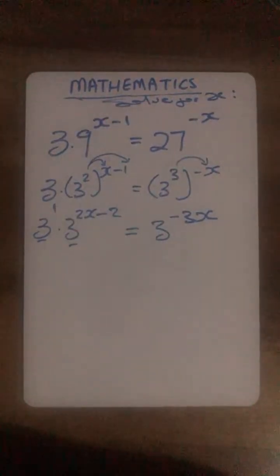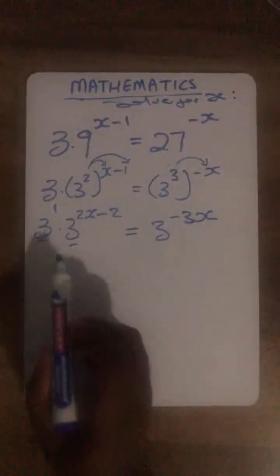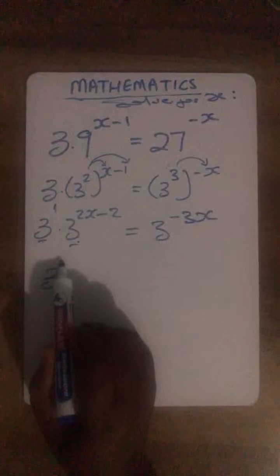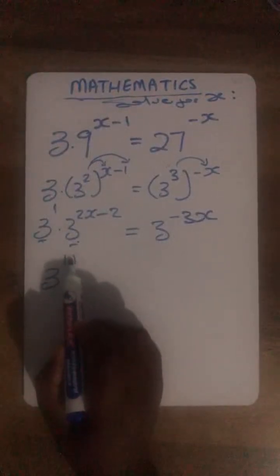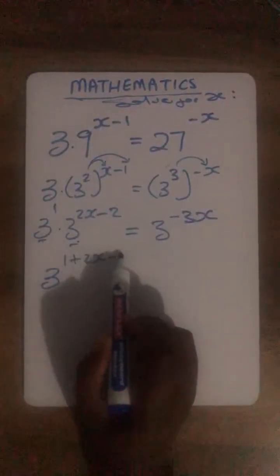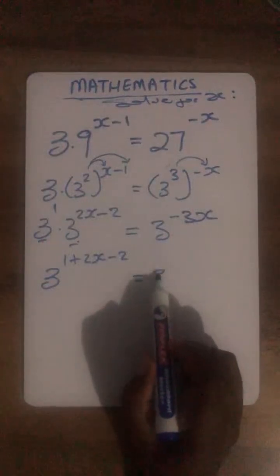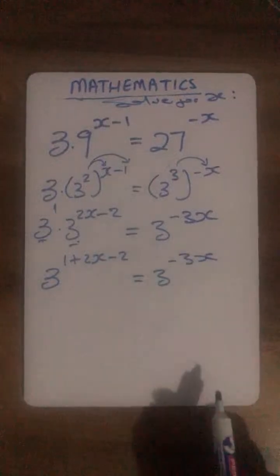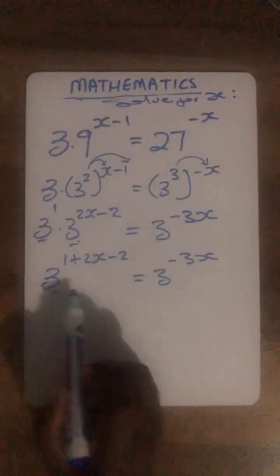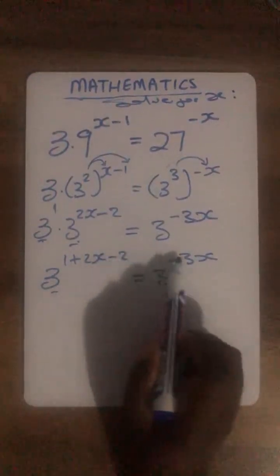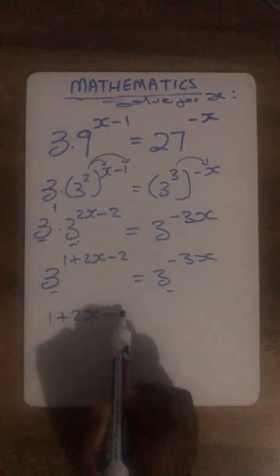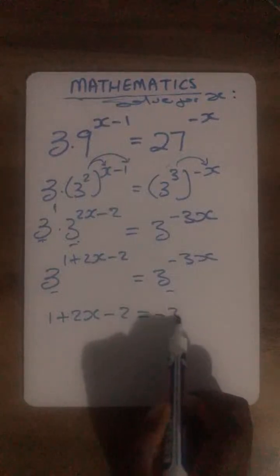Okay. So can you guys see, same bases we add their exponents. So that means we have 1 plus 2x minus that, which is equals to 3 to the exponent negative 3x. So now because the bases are the same, you can equate the exponents, which means this is what you are now having.